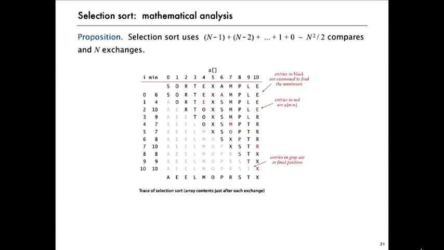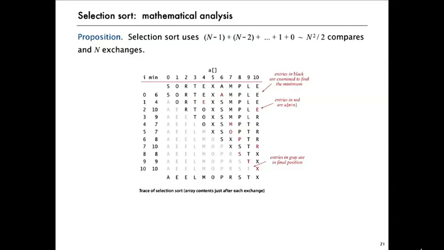Now, it's easy to develop a mathematical model for the cost of selection sort, and here's the proposition that describes that. Selection sort uses about n squared over 2 compares and exactly n exchanges. And just looking at this trace of selection sort in operation really is a visual proof of this proposition. In this diagram, the entries in black are the ones that are examined in order to find the minimum each time, with the minimum in red.